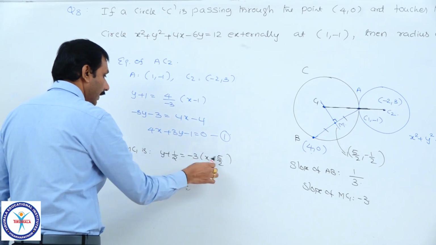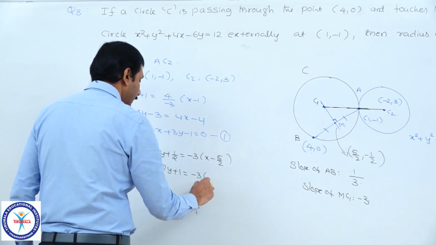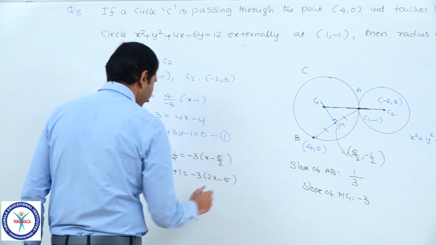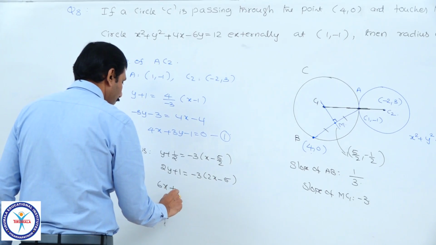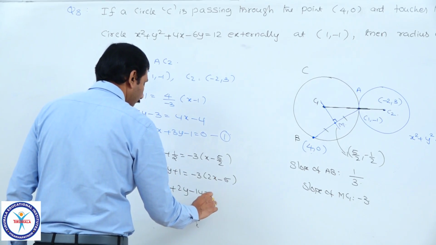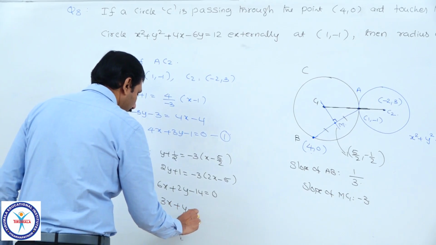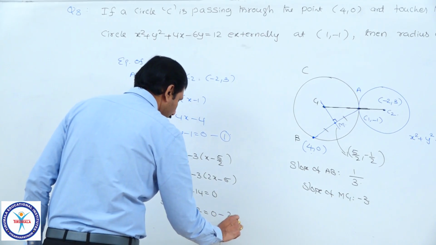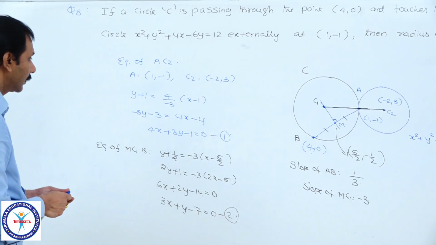LCM 2 will get cancelled on both sides. 2y + 1 = −3(2x − 5). It is 6x + 2y, 1 − 15 means −14 = 0, or 3x + y − 7 = 0, equation 2. Now, I will solve 1 and 2.